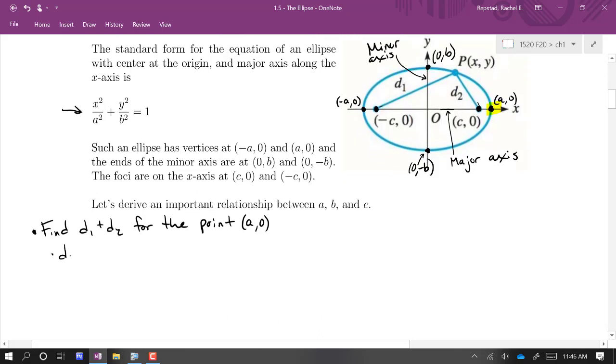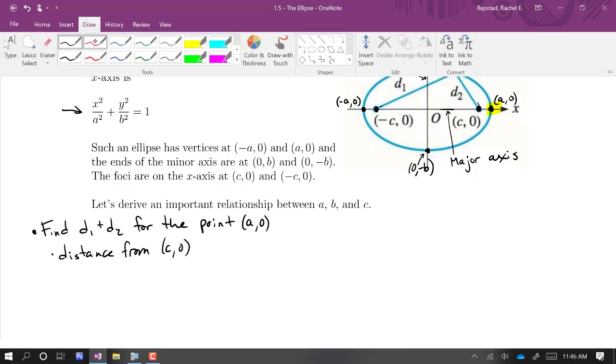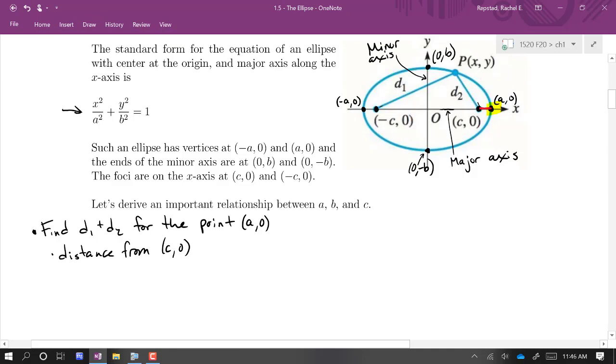So the distance from (c, 0), right? So it's the D1 and D2, these are distances to each of the foci. So the distance to (c, 0), which is this distance right here, that's a horizontal distance. Right x minus left x is a minus c.